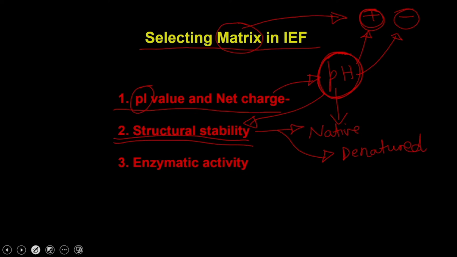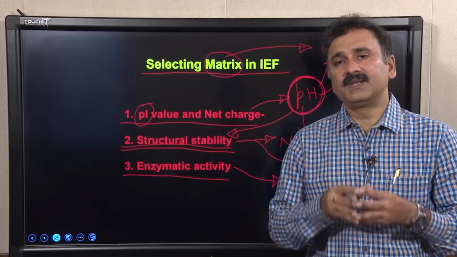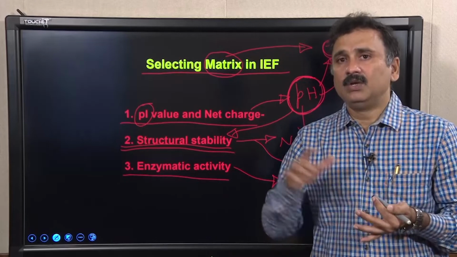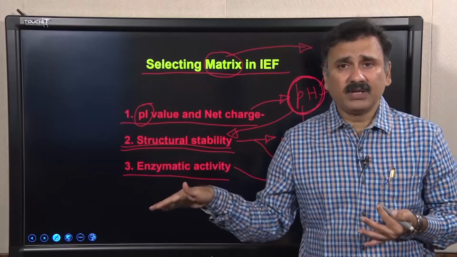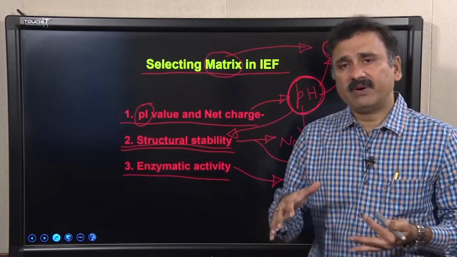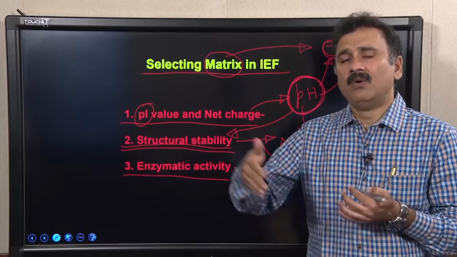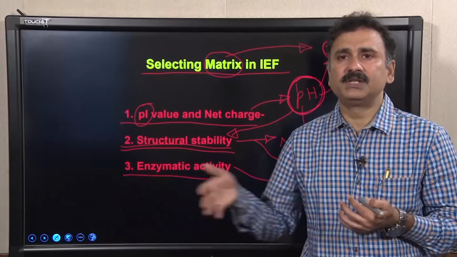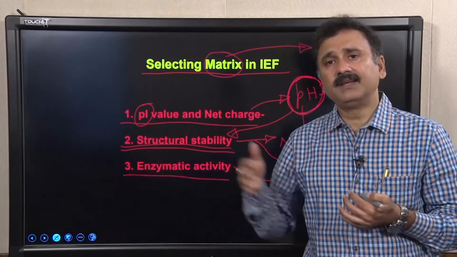the third parameter you also have to see is, if this protein is an enzyme, whether the enzyme is also retaining its activity, because you are going to perform chromatography techniques for two applications. One, you would like to isolate structural proteins, or isolate the protein in its native conformation, and then use them for downstream applications or processes.